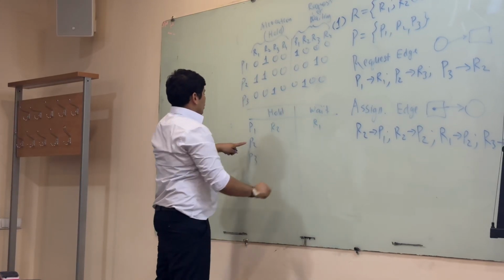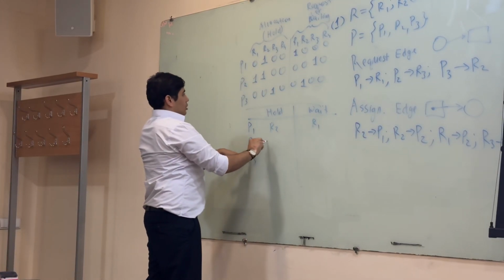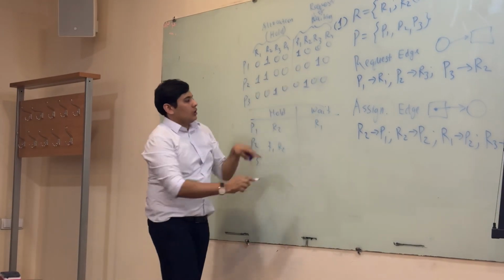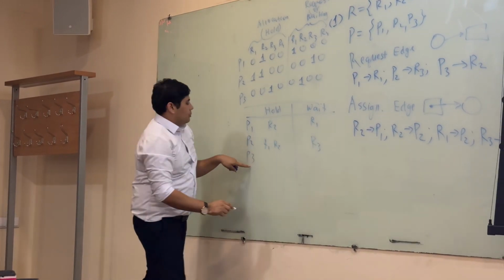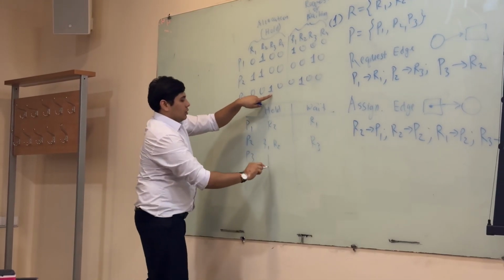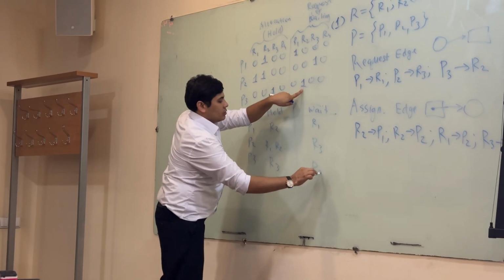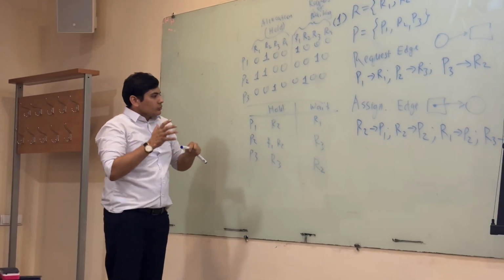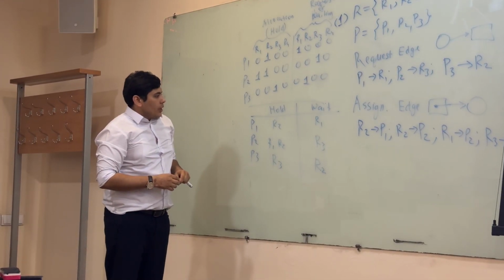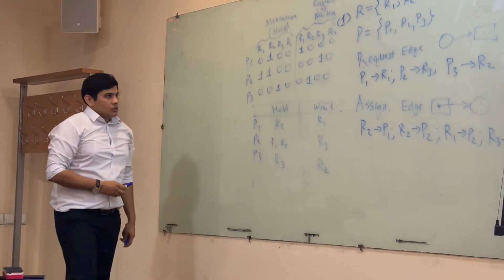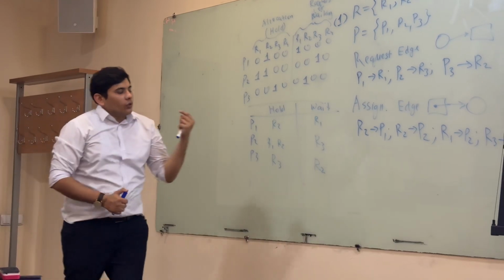P2 is holding R1 and R2, waiting for R3. P3 is holding R3, waiting for R2. And R4 is always available, right? Alright, so now we solved this one.